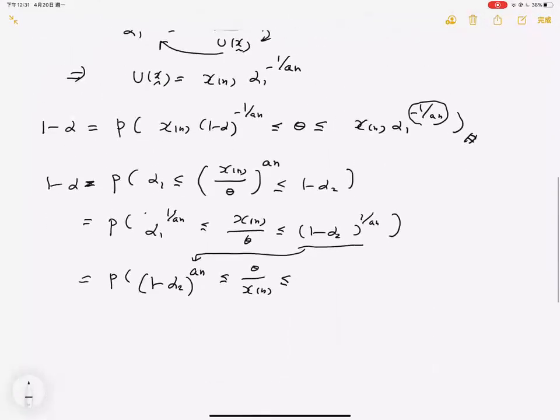Okay. So if I do that, you flip, then it becomes an. Then right here is what? Because you flip, it becomes alpha 1 an, right? Flipping. Yeah, I think so. And then it's actually the probability of theta inside xn times 1 minus alpha 2, then an alpha 1, then an.